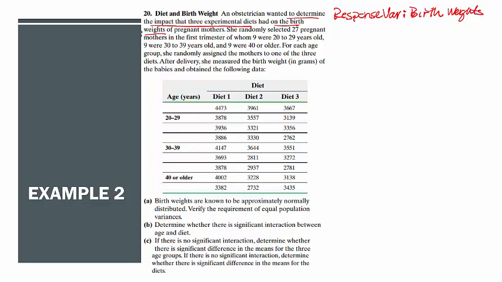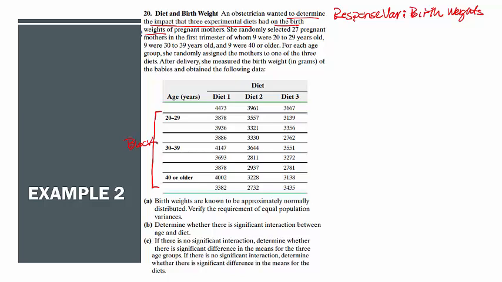So they randomly selected 27 mothers in their first trimester, of whom 9 were 20 to 29-year-olds, 9 were 30 to 39-year-olds, and 9 were 40 years or older. For each age group, they then assigned the mothers to one of 3 diets. If you remember the language of experimental design from 1.6, the ages would be the blocks.